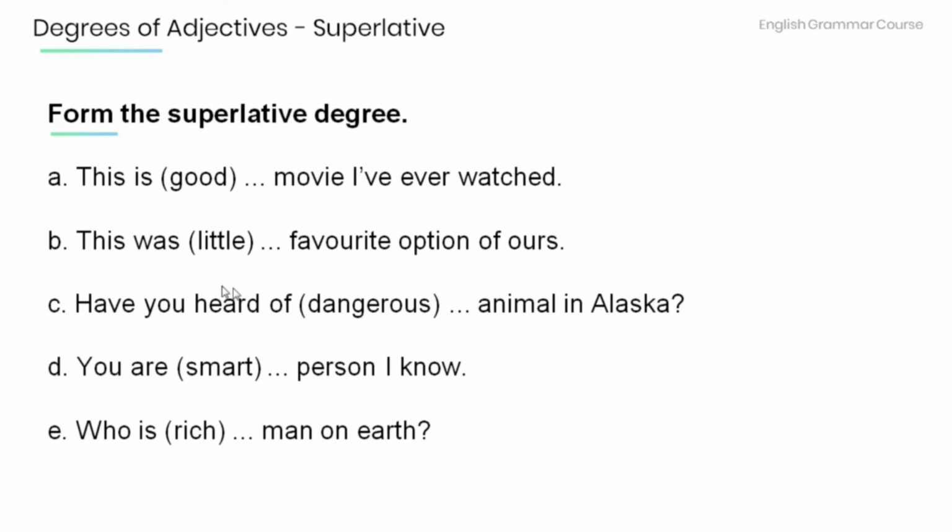B. This was little favorite option of ours. C. Have you heard of dangerous animal in Alaska? D. You are a smart person I know. E. Who is rich man on earth?